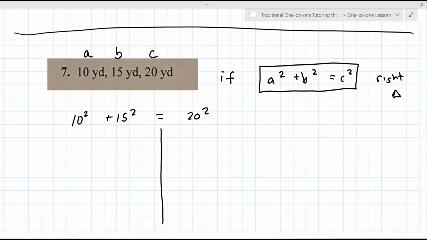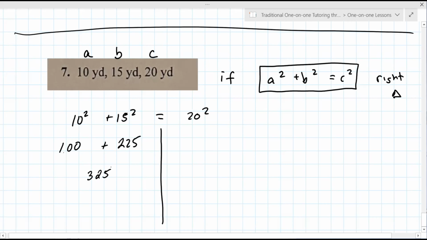Okay, so what is 10 squared? It's 100. 15 squared? I don't know off the top of my head. 225. Okay, now add 100 and 225.